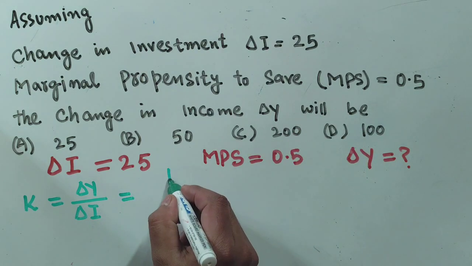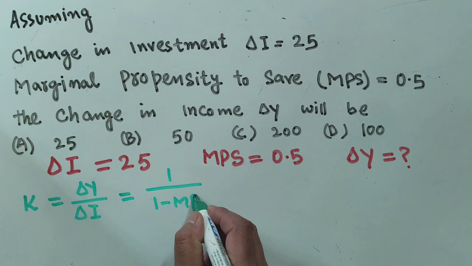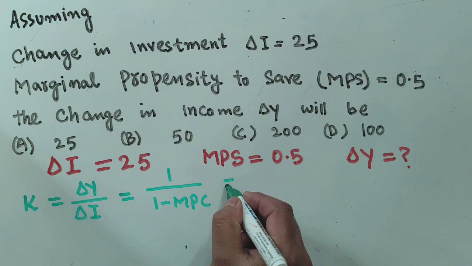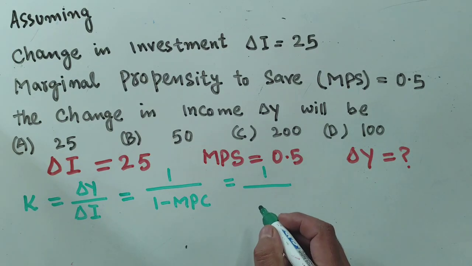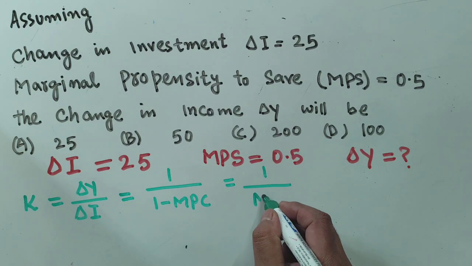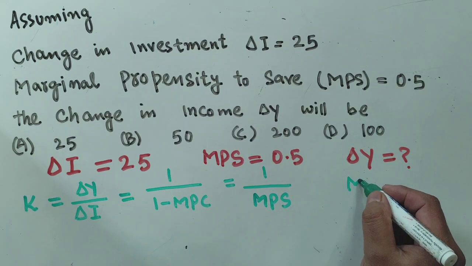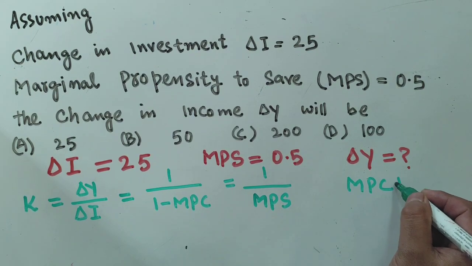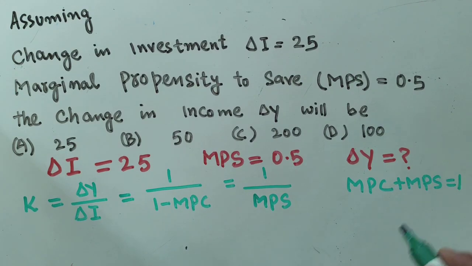It is equal to 1/1 minus MPC, which will be equal to 1 divided by, what is 1 minus MPC? 1 minus MPC is MPS. Okay, because MPC plus MPS is equal to 1.